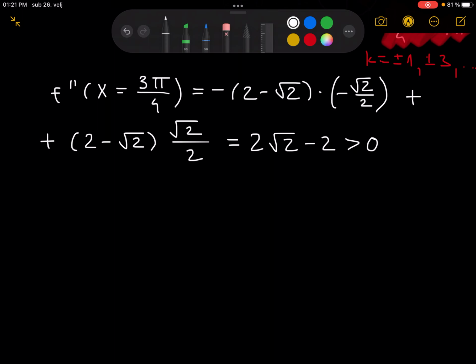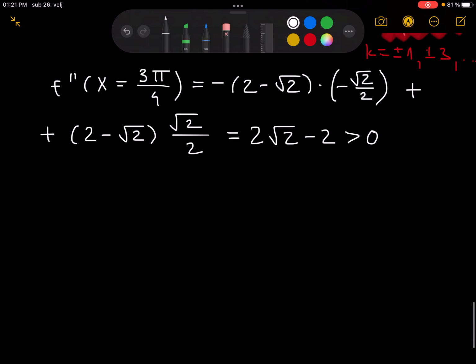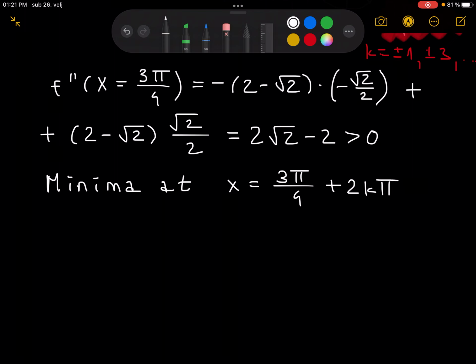So that means that our function has a minimum, has actually many minima at x is equal to 3 pi over 4 plus 2k pi.